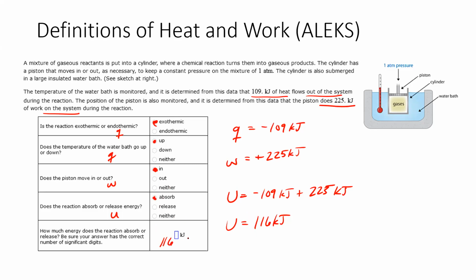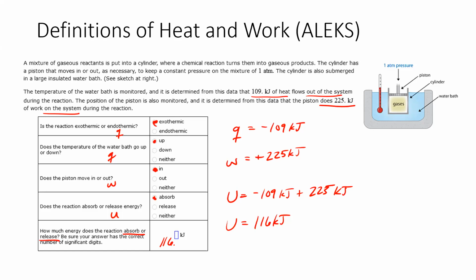And so how much do we absorb? 116 kilojoules. So the way that this is worded, absorb or release, you do not need a negative sign, even if there's a negative sign on the number, right? It's just asking for the magnitude, not the direction. So 116 kilojoules. And by now in this semester, you probably figured out Alex is pretty picky about decimal places. And so since this is a measured quantity, even though there's no change in the number of sig figs, Alex wants a decimal point after that number.